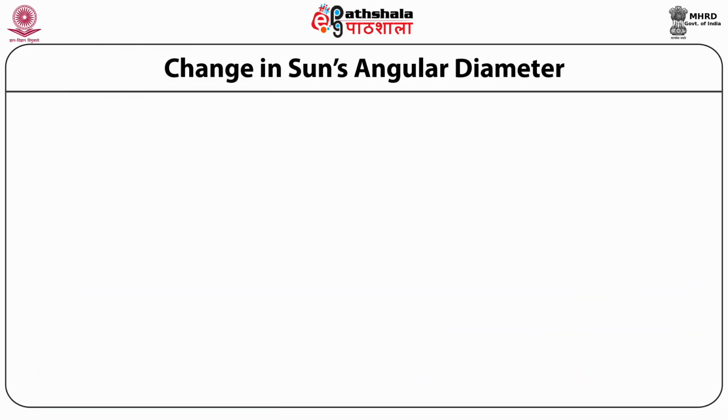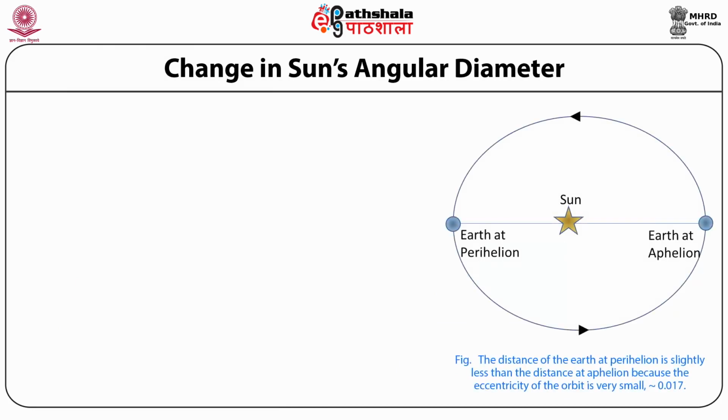The change in Sun's angular diameter. The given figure shows the distance of the Earth at perihelion, which is slightly less than the distance at aphelion, because the eccentricity of the orbit is very small, approximately equal to 0.017.